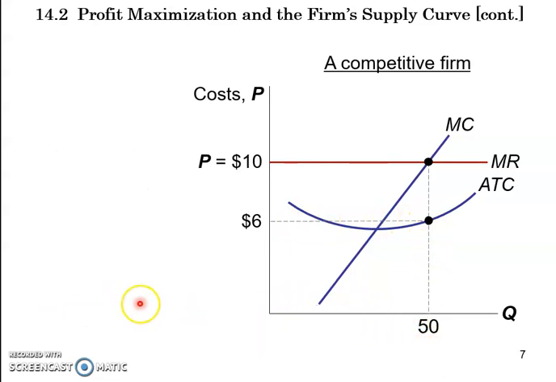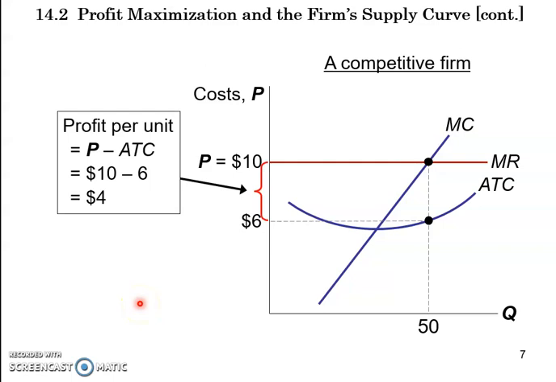Now let's show you this. The profit per unit would be P minus ATC. The firm can actually receive $10 per unit from the market, but it only spends $6 to produce that unit.